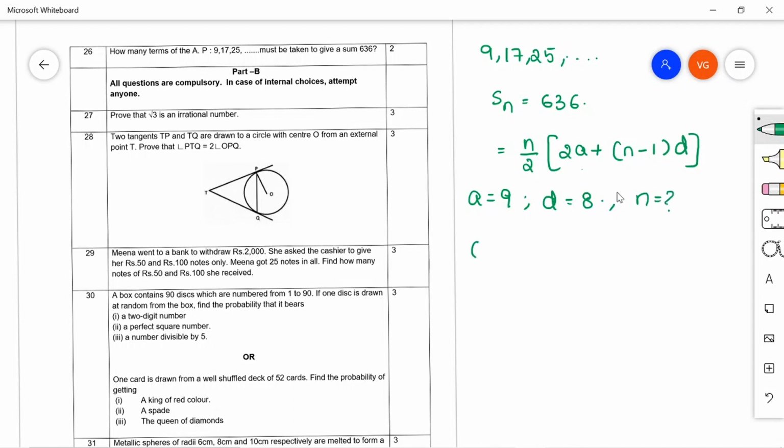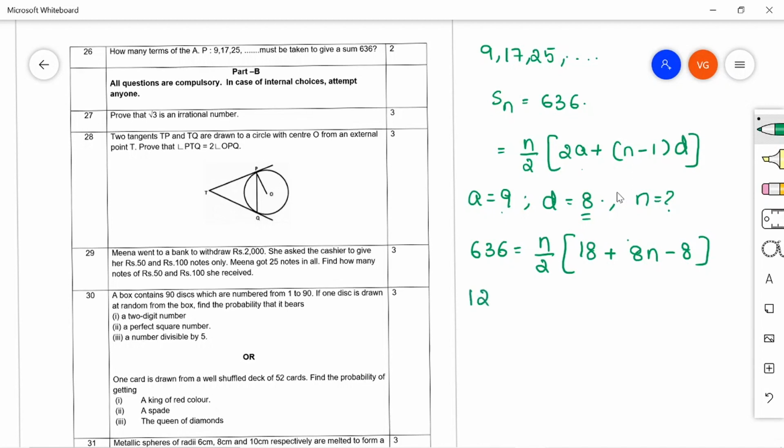So just substitute. 636 is equal to n by 2 into 2 into a, that is 18, plus n minus 1 into d. d is here 8. So that you write 8n minus 8. So this 2 you take to the other side.